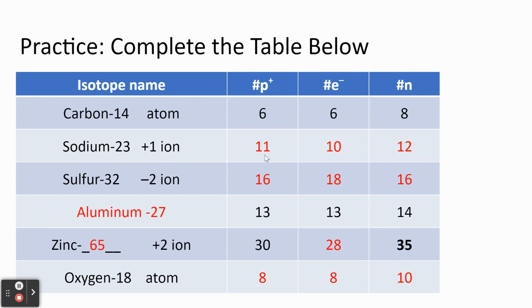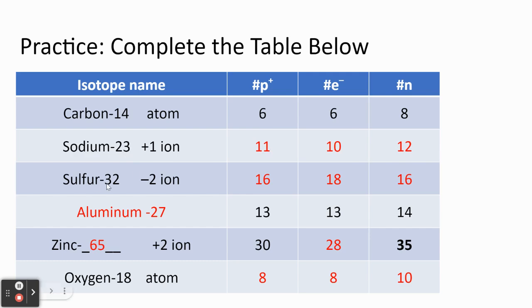Its atomic number is 11, so it's got 11 protons. But it's not neutral. It's got a +1 charge. That means it lost an electron. So now it's only got 10. To figure out the number of neutrons, we would take the mass number, 23, subtract the atomic number, 11, and that would give us 12.